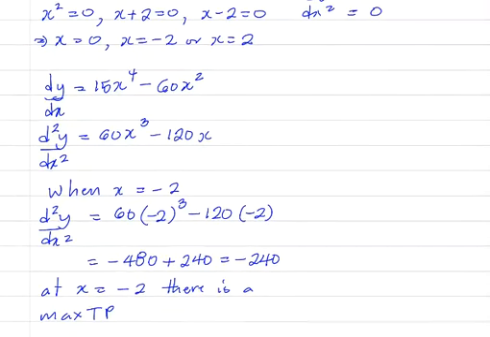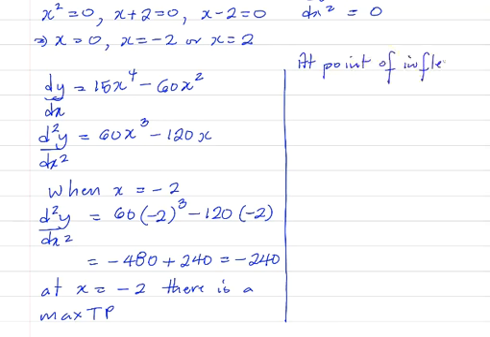Let us determine the values of x when d2y by dx squared is equal to 0. We actually know one of them already, that when x is equal to 0, d2y by dx squared is equal to 0. But if we remember carefully, at a point of inflection, d2y by dx squared is equal to 0.